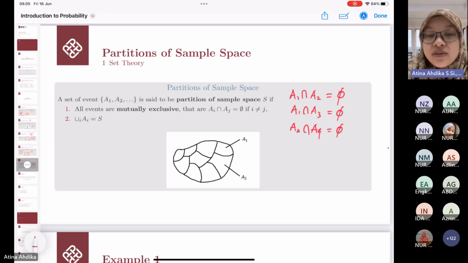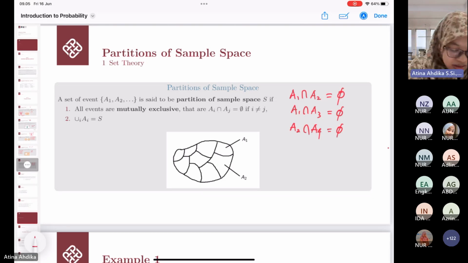The second property is that the union of all the A_i forms S, the sample space. So we can say that A1, A2, A3, and so on are a partition of the sample space S.